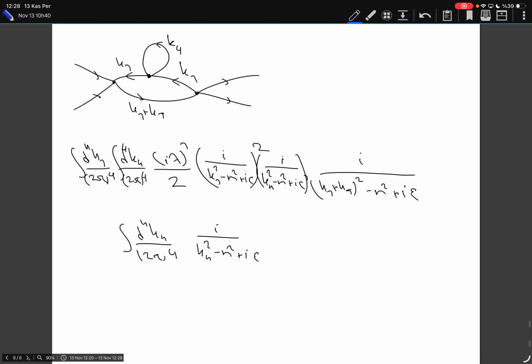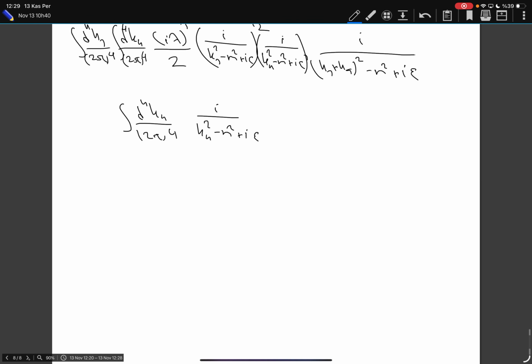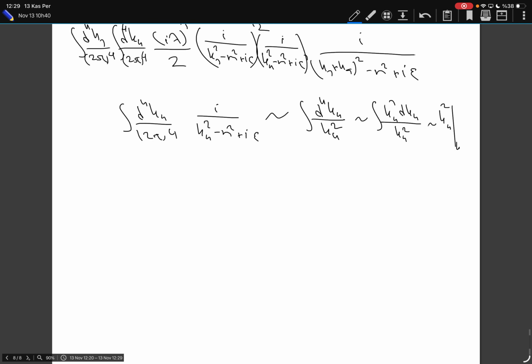Well, if k4 squared is very large, I can ignore the m squared. So for very large values, I will get contributions of this form. I can use spherical coordinates to evaluate these contributions. This is k4 squared when k4 goes to infinity. It is what we call a quadratic divergence.